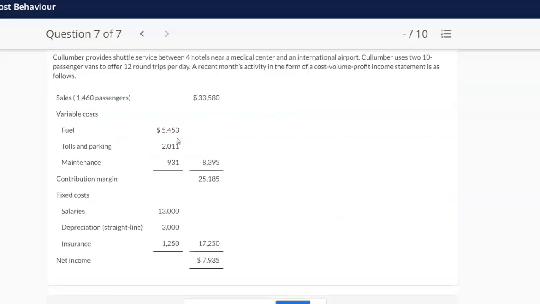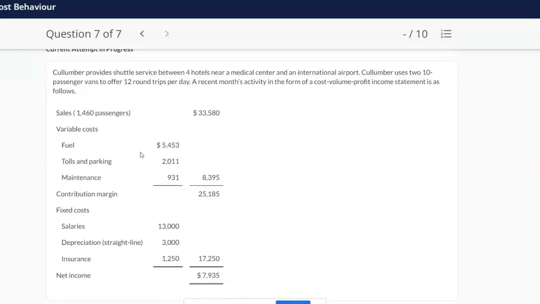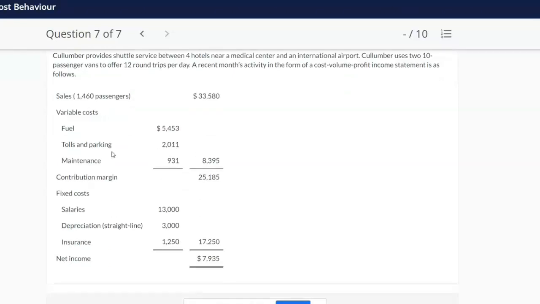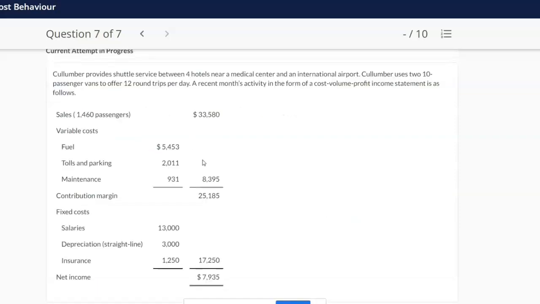The break-even point is fixed cost divided by contribution margin per unit. They want it per unit also. Do it in dollars first, it's easy in dollars. What is the contribution margin ratio?